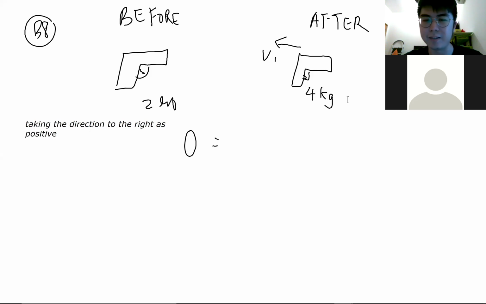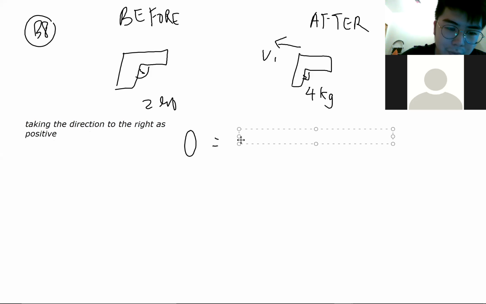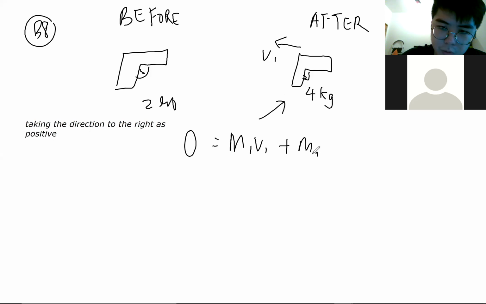To the left, negative. Now, let's work out the total momentum after. So it's M1 V1 for the gun plus M2 V2.